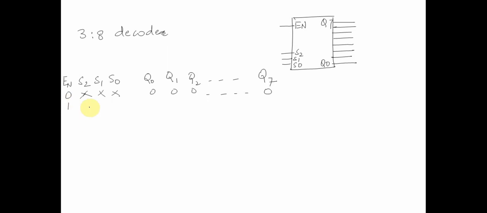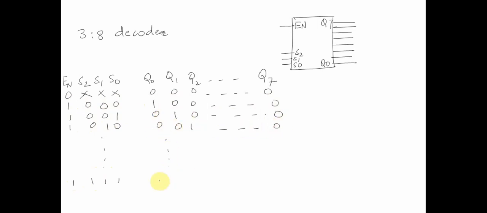Now, if enable is 1, depending upon the combination 0 0 0, 0 0 1, 0 1 0, and so forth till 1 1 1, we can either have Q0 active, or Q1 active, or Q2 active, and finally we can have Q7 active, right?